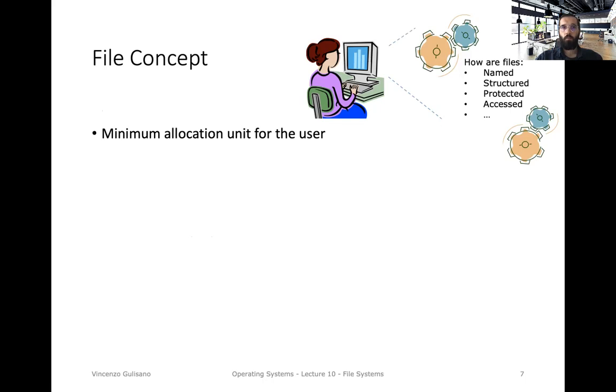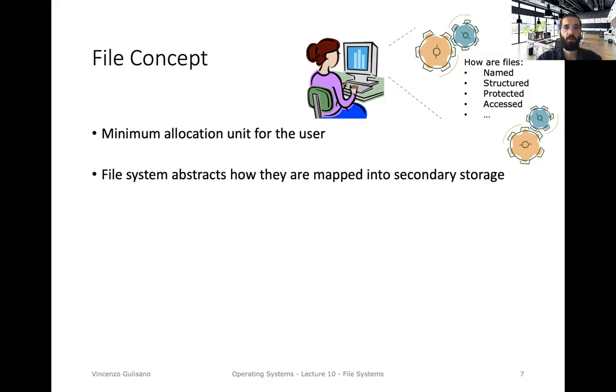So a file, if you want to give a definition for it, it's the minimum allocation unit for the user. When the user decides to store something on the disk, the minimum it can store is a file. This is the abstraction that is introduced by the operating system.